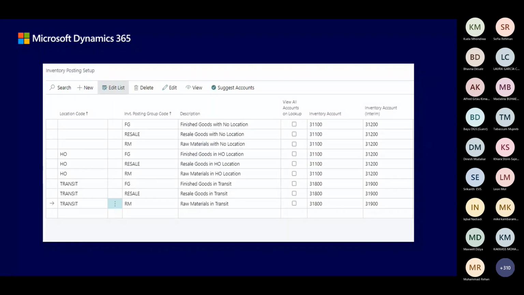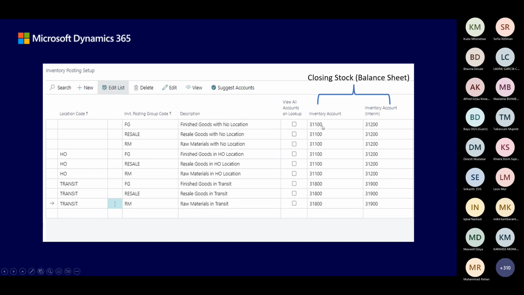So let's look at this. In the inventory posting setup, this is the balance sheet closing stock account, and the interim account. What you're saying here is that whenever I post stock in and out, I will update the closing stock with this.